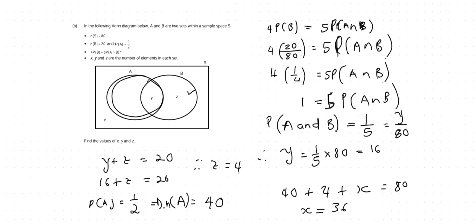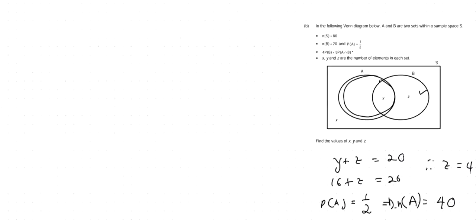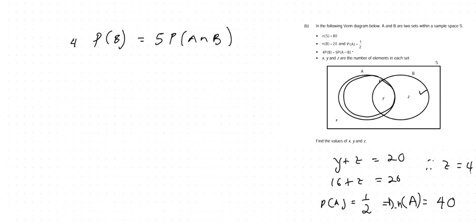Let's look at the alternative way of doing this. We'll start again here where 4 times the probability of B is 5 times the probability of A and B. Now here, the probability of B would be Y plus Z over 80, and the probability of A and B would be Y over 80.